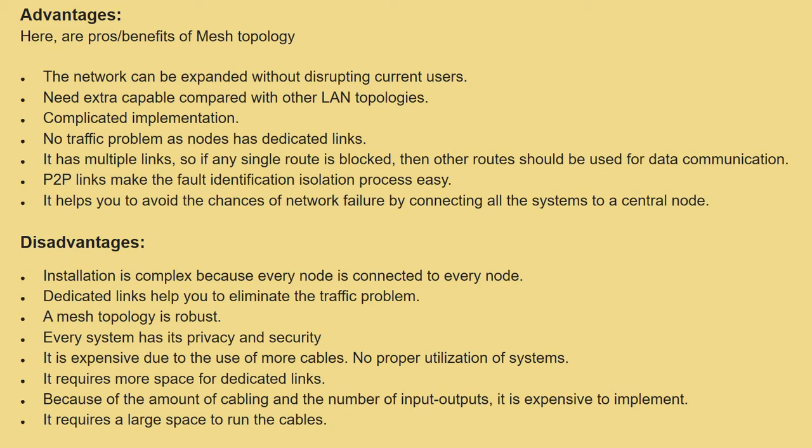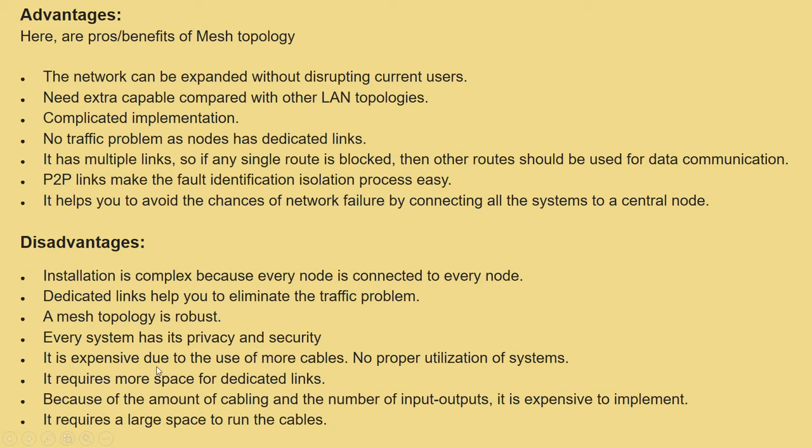And what about your disadvantages? Installation is complex because every node is connected to every node. So installation is a little bit difficult because the network is complex. Dedicated links help you to eliminate the traffic problem. A mesh topology is robust. Every system has its privacy and security also.